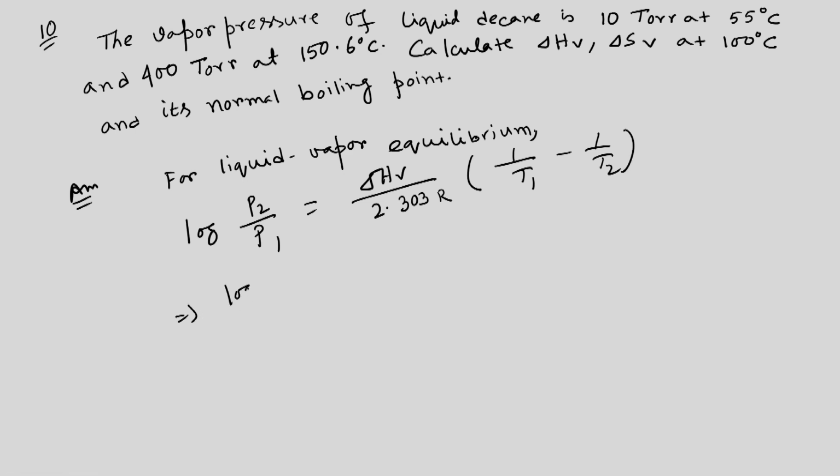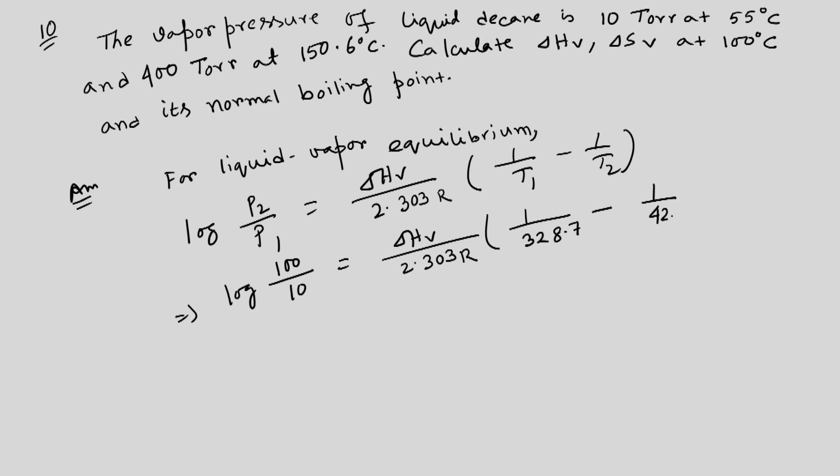Or we can just put the values of P2, P1 and T1 and T2, and we can calculate delta H. So, log 400 by 10 equals delta HV by 2.303 R. T1 is our 55 degree Celsius, so we can write 328 and 423.6.